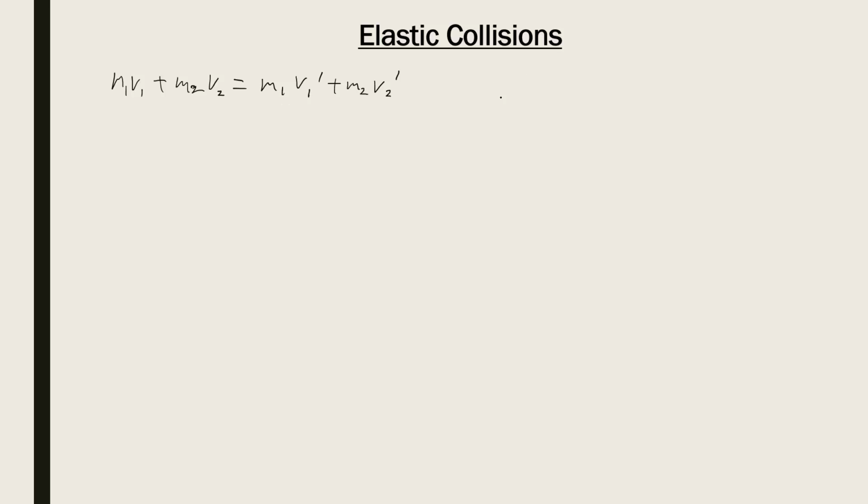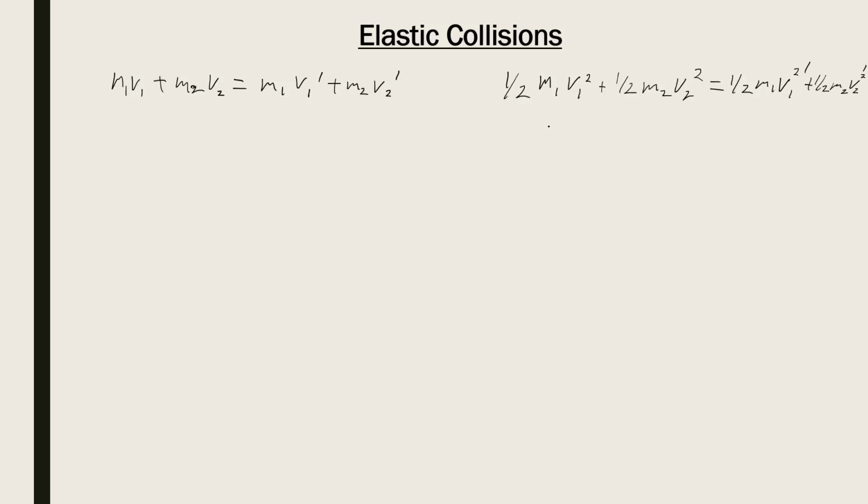In addition to that, we can have a conservation of kinetic energy equation: 1/2 m1 v1 squared plus 1/2 m2 v2 squared equals 1/2. And we're going to derive another equation from these two that's going to be nice and useful, and it's going to save you a lot of algebra.